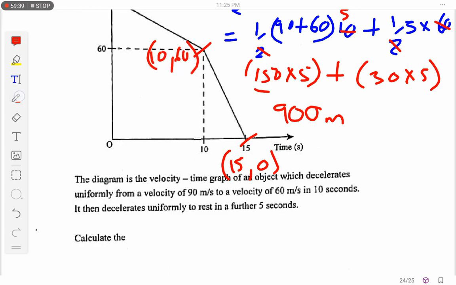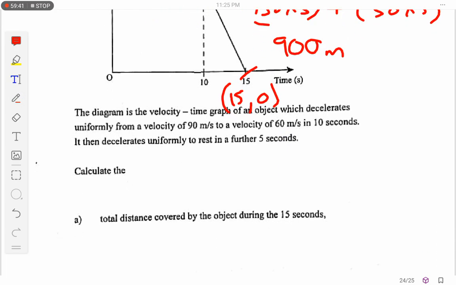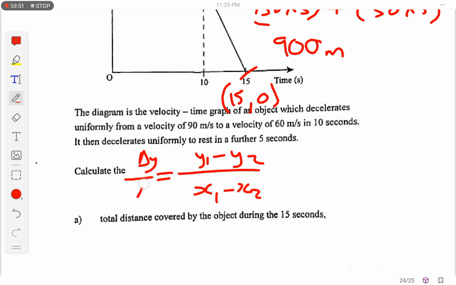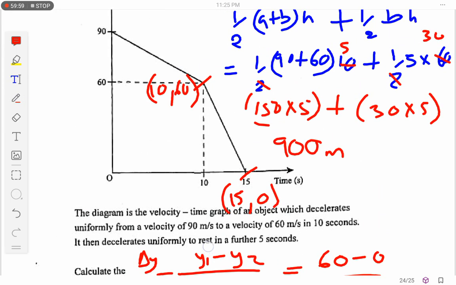So I'll use these ones, okay? And I can say my y1 minus y2 over x1 minus x2. This is basically my change in y over change in x there. This is equal to 60 minus 0 over 10 minus 15 there, okay, like that.